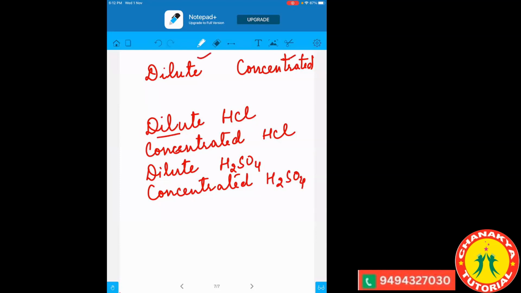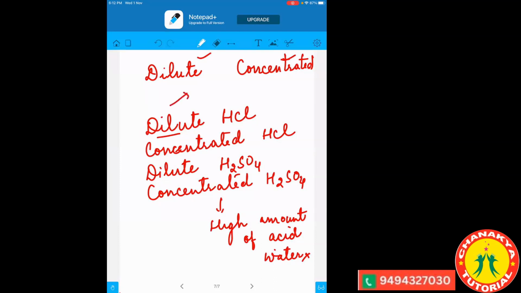Now, what do we mean by dilute and concentrated? It's very simple. Concentrated means high amount of acid, with no water, or a very, very small amount of water.